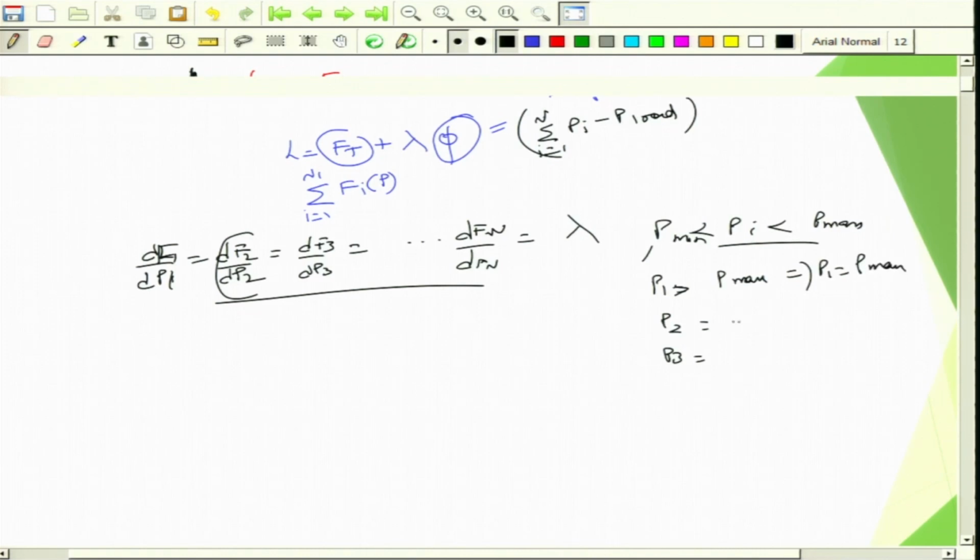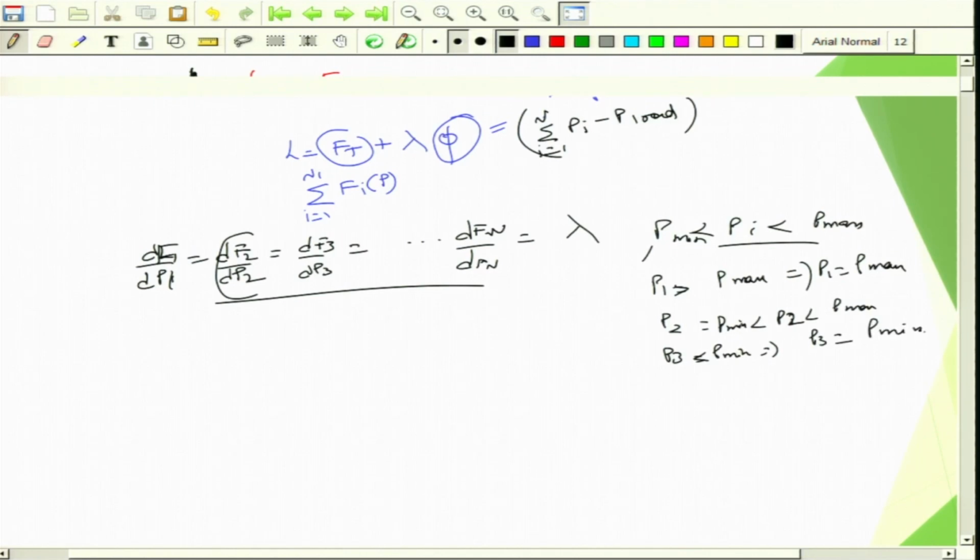For the second generator it was within the limits of P minimum to P max. For the third generator, if it is less than P minimum, we assign P3 equal to P minimum.